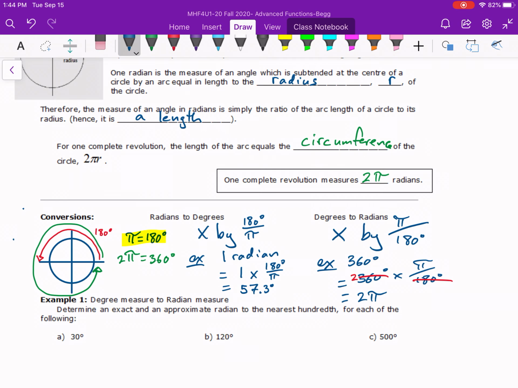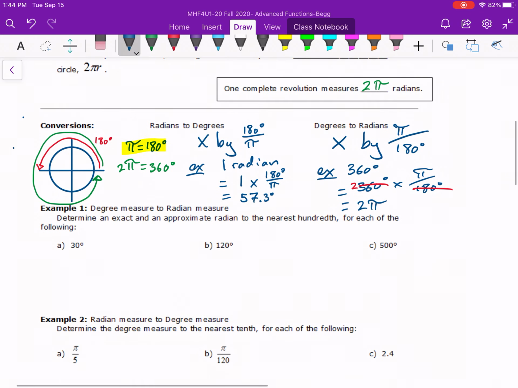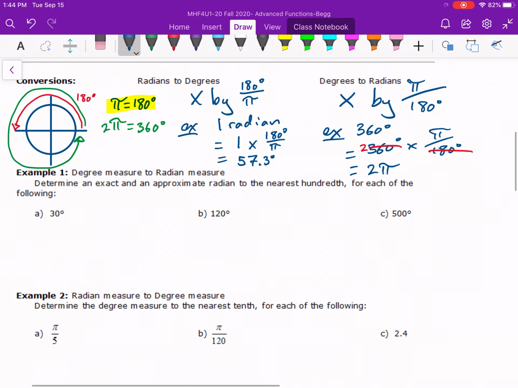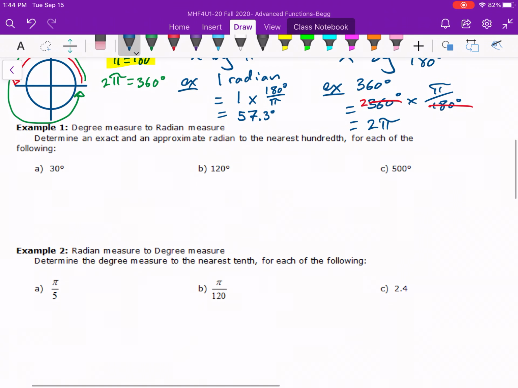We're going to do some more examples to hopefully drive that home a bit more. If we're switching from degrees to radians, like the very last thing I did, let's take a look at some other ones. If I had 30 degrees, I can multiply that by pi over 180.